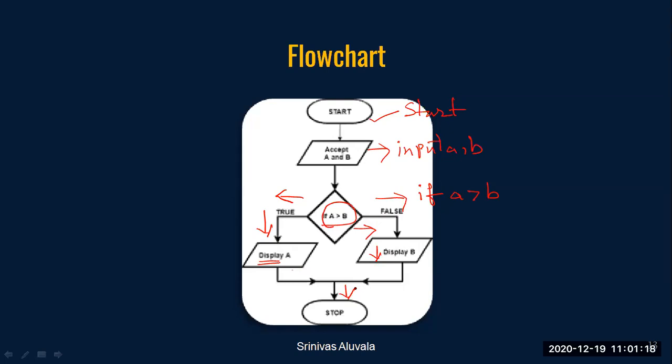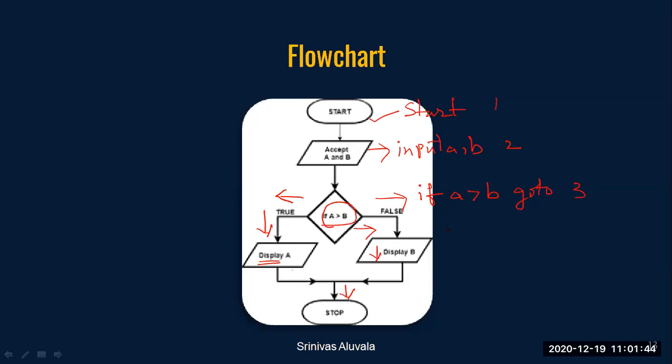That's what the flow chart is. In a similar way, the algorithm is also. If A is greater than B, what do I need to say? Yes, I say go to, I'm writing an algorithm statement. Go to. This is step number 1, step number 2, step number 3.